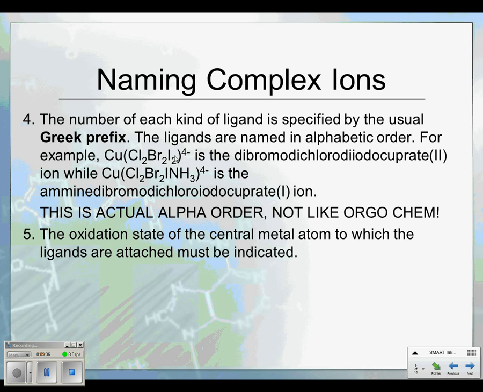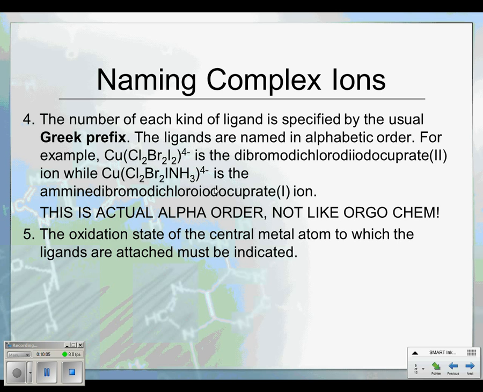And then finally, since all of these are anions, you're using the Latin cuprate for the copper. And since copper is a 2 here, your net charge, with 2 negative chlorines, 2 negative bromines, 2 negative iodines, and then a 2 plus copper, equals -4 as your total charge, which is the charge of your anion listed here.